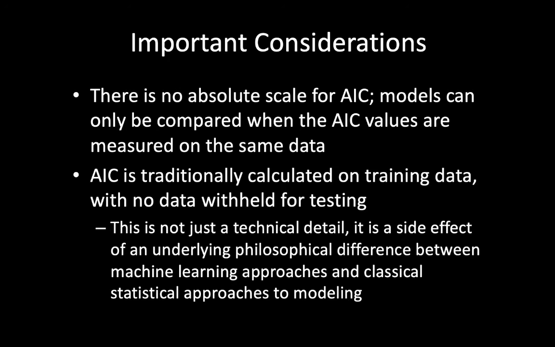AIC comes from the more classic statistical modeling literature, where we're concerned about overparameterization and getting precise parameter estimates. Maxent comes out of the machine learning literature, which more or less focuses on prediction over and above estimating some underlying true process, right? So it's worth knowing that when you're using AIC on Maxent, you're stepping across not just a statistical boundary, but in fact a philosophical one.